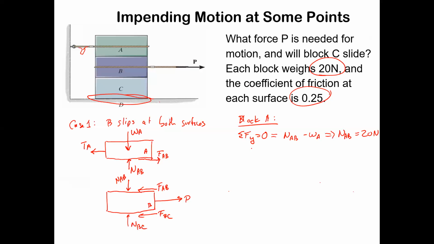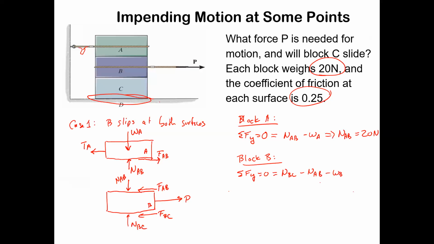And we're really interested in what's going on at block B, so we're going to now focus on that. Now that we know what NAB is, that's one of the forces acting on block B as well, right? So we can find the sum of the Y forces. And that's going to be NBC going up, minus NAB going down, minus WB.